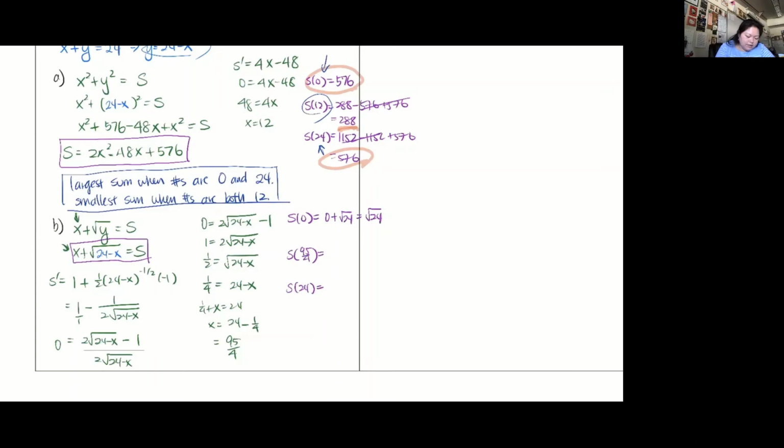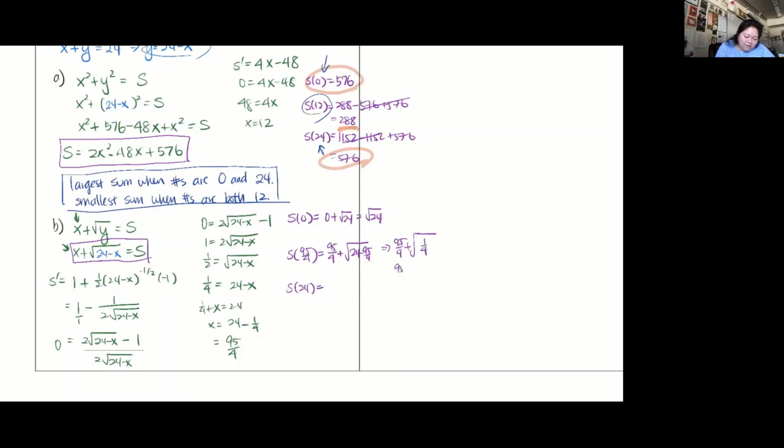This is kind of awesome. So 95 over 4 plus root 24 minus 95 over 4. Okay. All right, what is that? That's 95 over 4 plus, we had 25 minus 95 over 4. 24 minus 95 over 4 is 1/4.